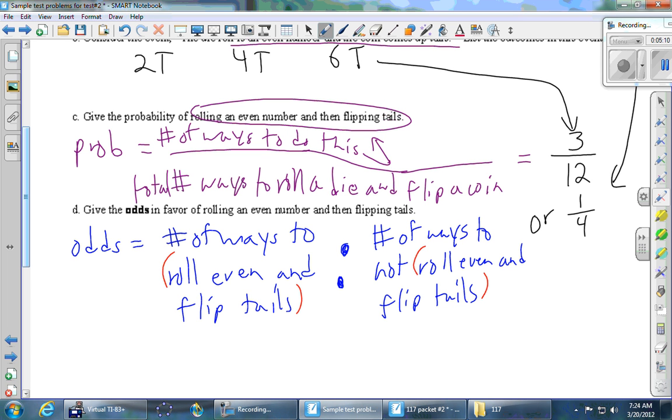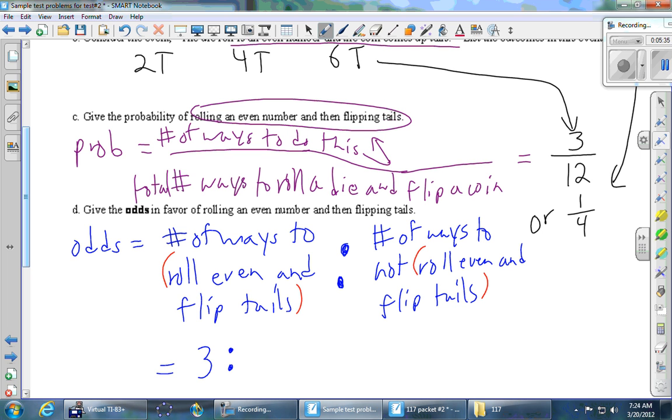So rolling even and flipping tails is one idea, and the word not on the outside is affecting the whole thing in the parentheses. Not really important for us, but I'll just put it there. What is important is for us to be able to write those things in English and then find the numbers. The number of ways to roll even and flip tails. We've seen it a few times. There are 3 ways to do that.